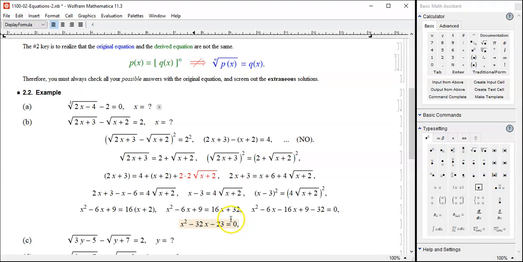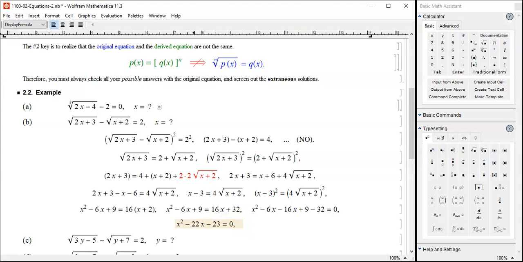And this is not promising. Oh boy, I must have made some mistake somewhere. Just a moment, please. Okay, I found my mistake. Minus 6 minus 16 is not negative 32, it's negative 22.